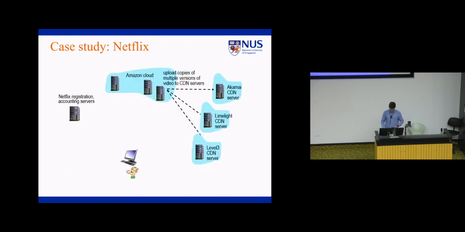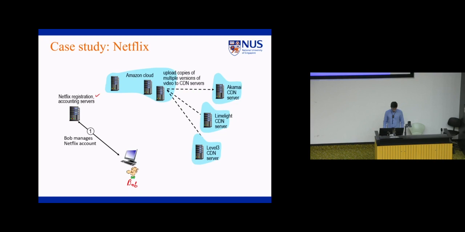So let's see that over an example here. Again, this is Netflix's registration and accounting servers, and here's our Bob. So Bob first registers with Netflix, creates an account, and enters credit card information.